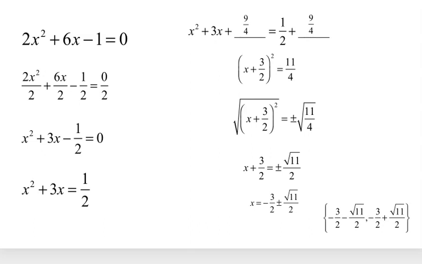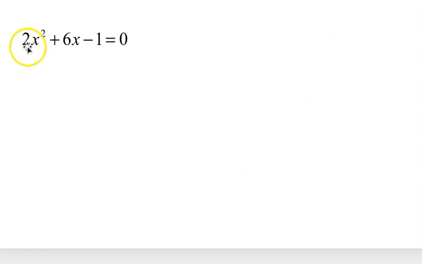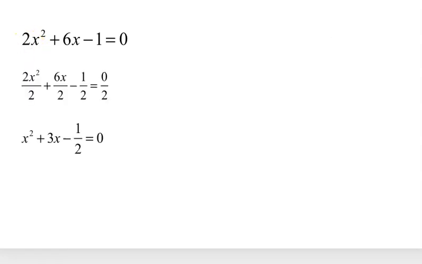Let's rebuild it one more time from the beginning, a little quicker this time in terms of what's involved. I need the first coefficient to be 1, so divide everything by 2. I need the x's on the left. I need that number on the right. Add 1/2 to both sides. Now I need to figure out what I add to both sides to complete the square.